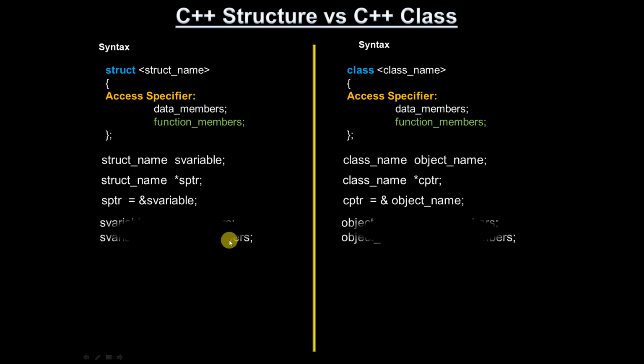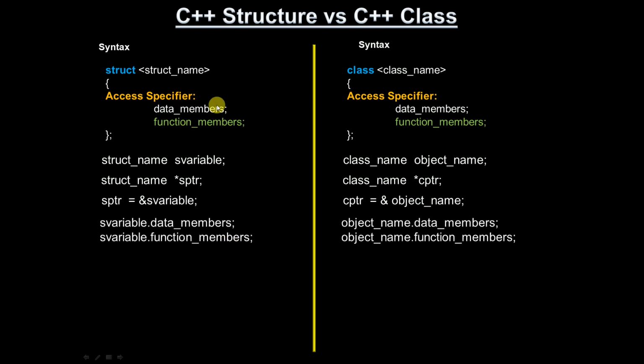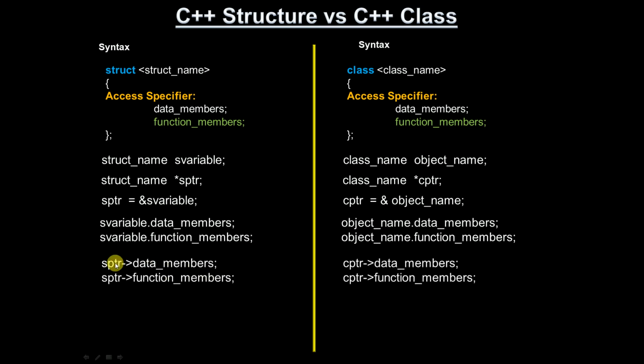Next, to invoke the data members or function members of this structure, we need a structure variable and the dot operator, that is structure variable dot data members, structure variable dot function members. In the same way, here object name dot data members and object name dot function members. By using pointers, structure pointer arrow data members, structure pointer arrow function members, here also cptr arrow data members, cptr arrow function members.